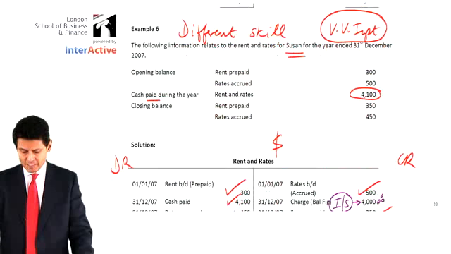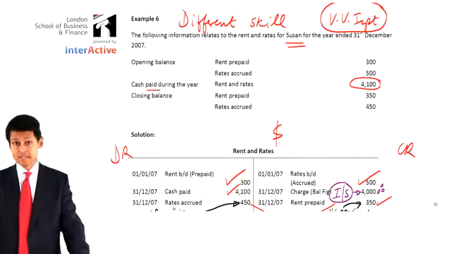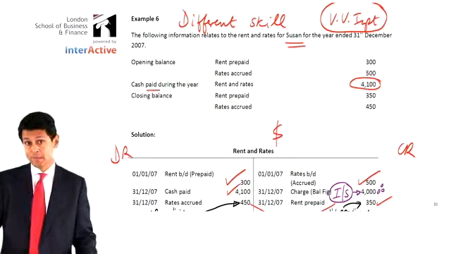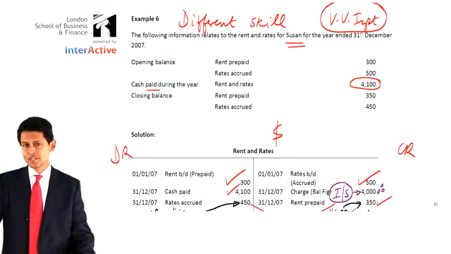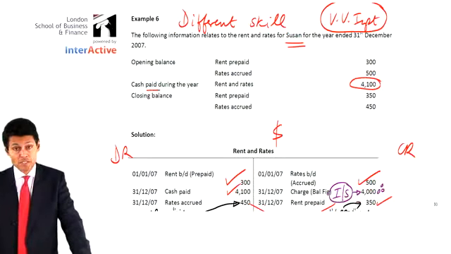Now comes example 6, where we have the average rent and rates. I must say, when I look at these F3 questions myself, when I put myself to the test, these exam questions, it's interesting to see that this one causes a bit of a problem sometimes, because of the fact that you have prepayments and accruals. This particular question isn't too bad because they haven't given us precise dates.